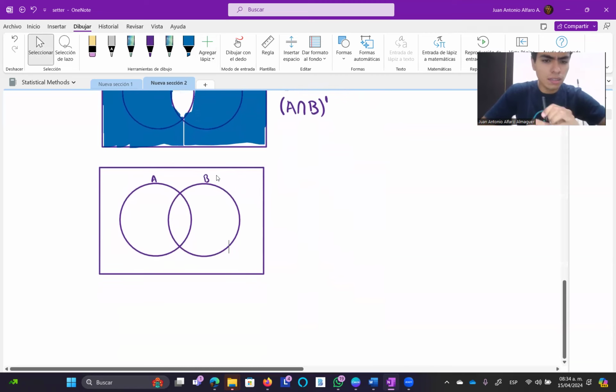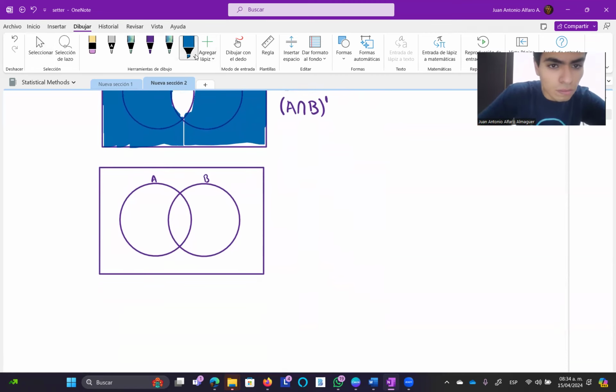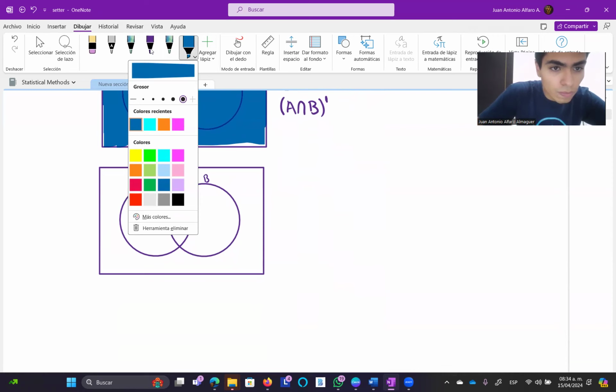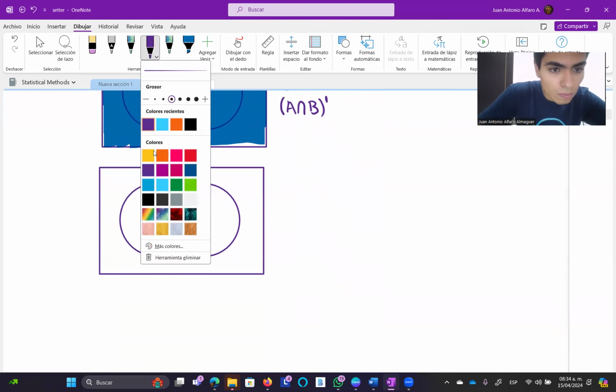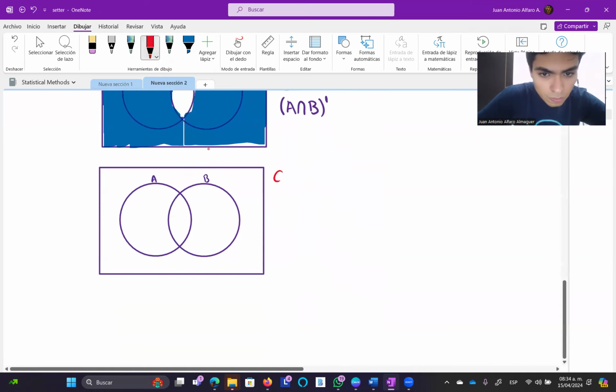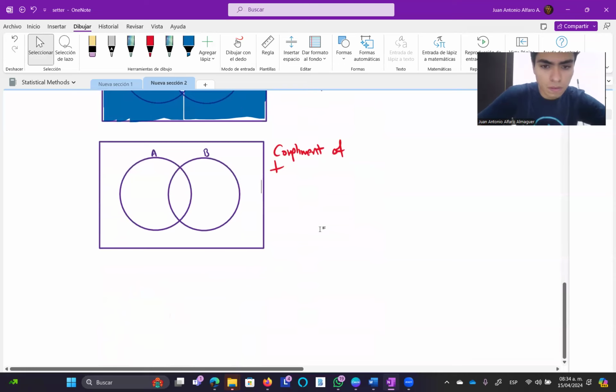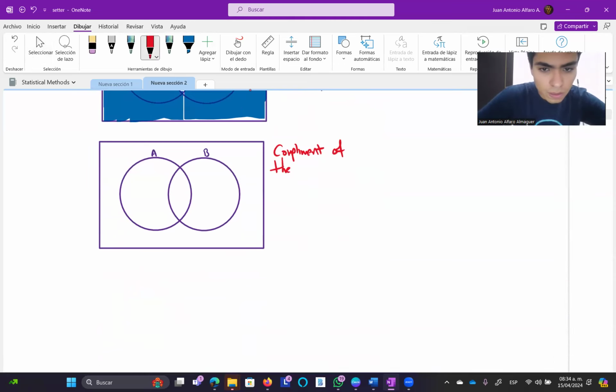And we can also talk about the complement of the union, A union B complement. What is this?